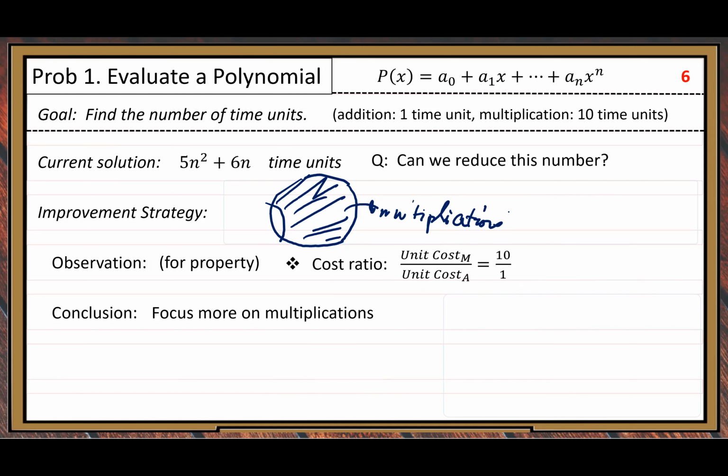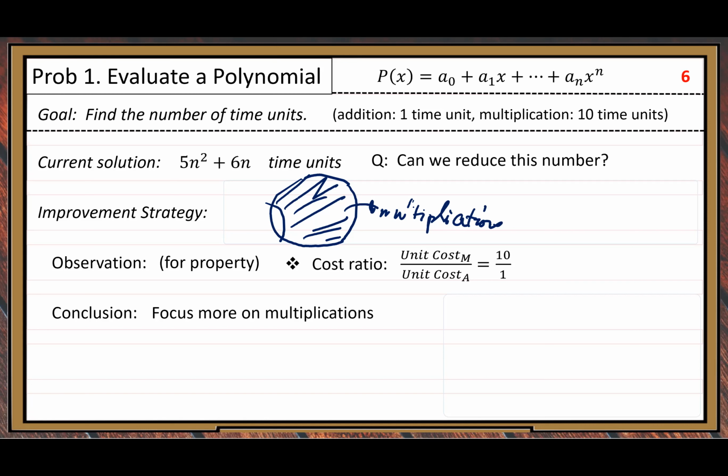So you can see that if you put your resource in the addition part, the improvement room is very small. Very little you can improve. So we should put our main computing resource on the multiplication part. Then there is a large room where we can make reduction. That's the reason: that big part has a lot of room for improvement.